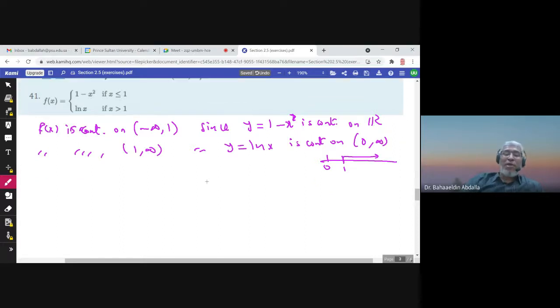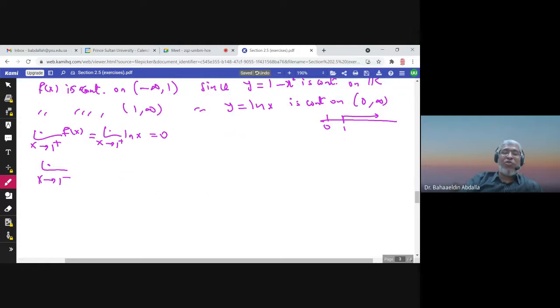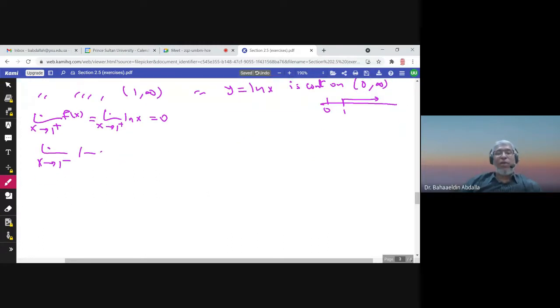So my problem is at 1. I need to make sure that the limit of f of x when x approaches 1 is equal to f of 1. So let me find the limit from the right of 1. In this case, I'll use ln x. ln 1 is 0. So the limit to the right of 1 is 0. What is the limit when x approaches 1 from the left? In this case, I'll use 1 minus x squared. When replacing x by 1, I also get 0.